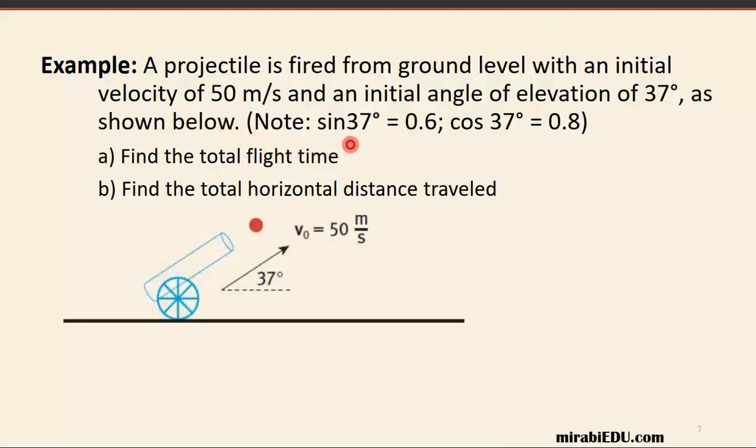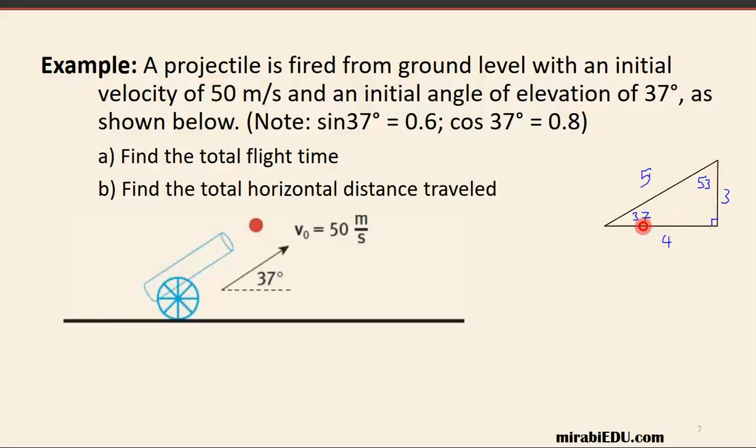Sine of 37 and cosine of 37 are given, but I prefer that you learn that in a 3-4-5 triangle, which is a Pythagorean triple, the angles are 37 and 53. So whenever we have 37 degrees, we need to know that it's a 3, 4, 5 Pythagorean triple.